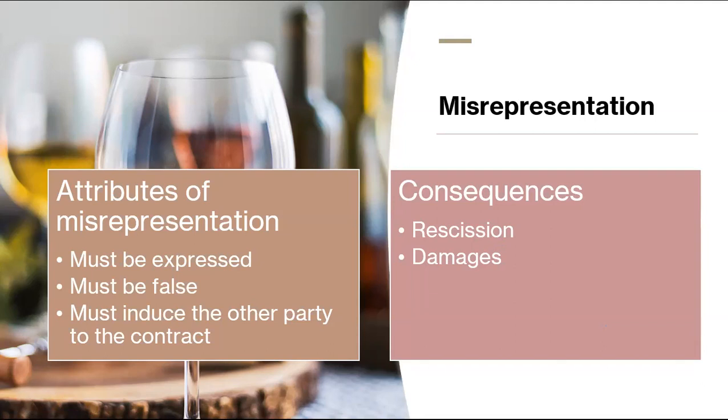He should sue the other party in a competent court. And if the court finds that the other party has made a misrepresentation, then the innocent party will be entitled to two remedies.